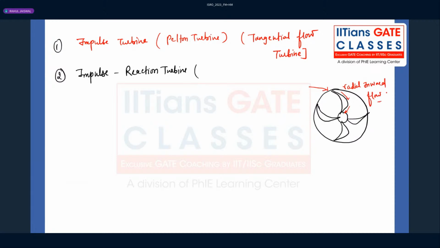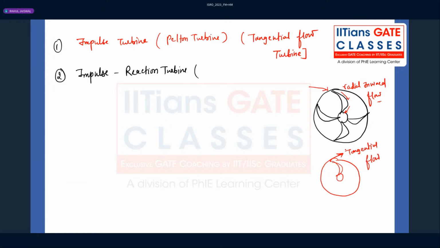Usually these things will happen in the case of a hydraulic turbine. Tangential flow means it will be flowing tangentially. Let's say we have the turbine, we have a tangential flow like this. This particular flow is nothing but tangential flow.